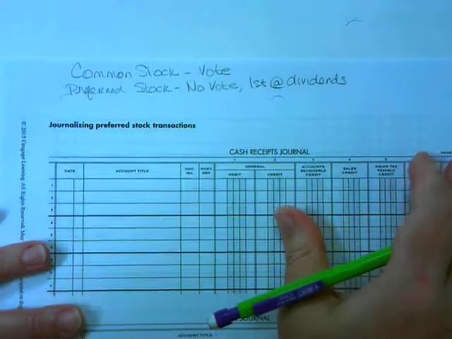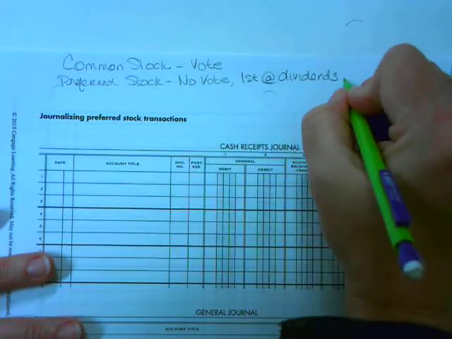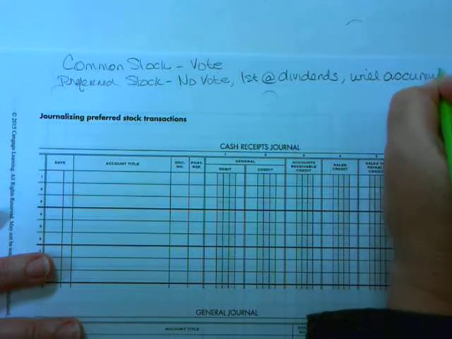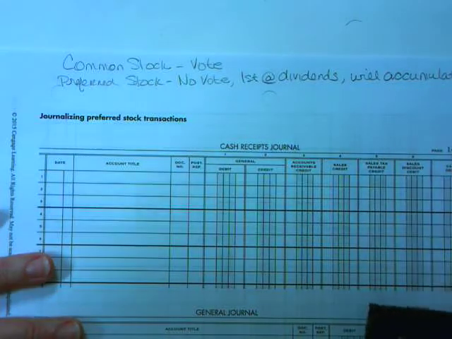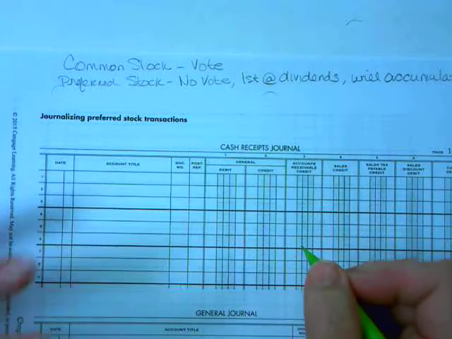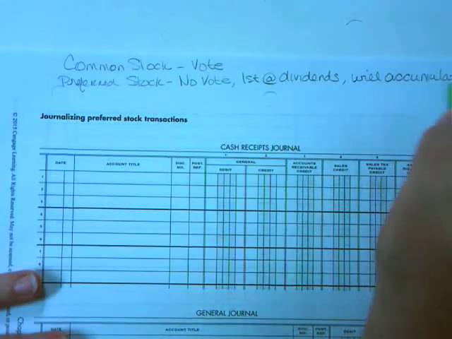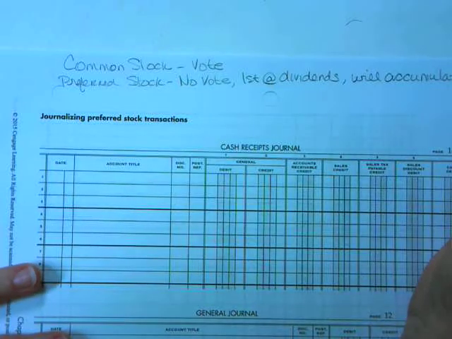They're the first to receive dividends. And those dividends will accumulate. So if a company decides not to issue dividends 1 year, then they can retroactively pay those dividends in a future year.